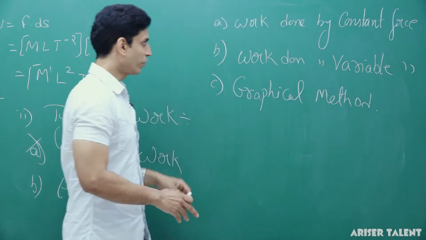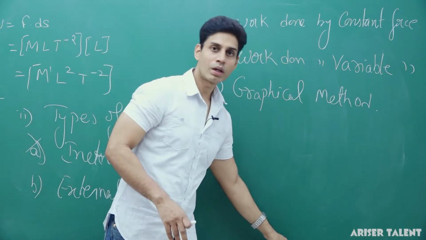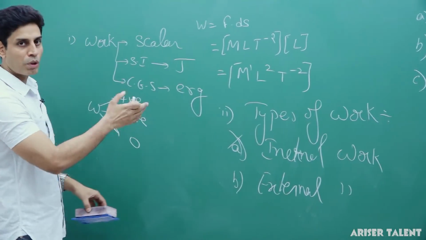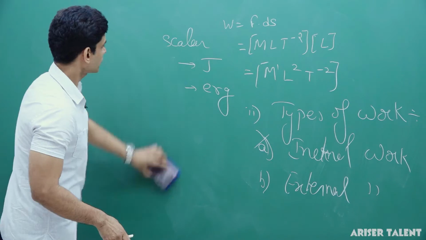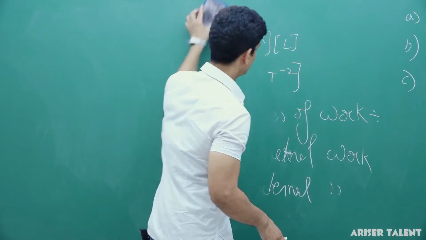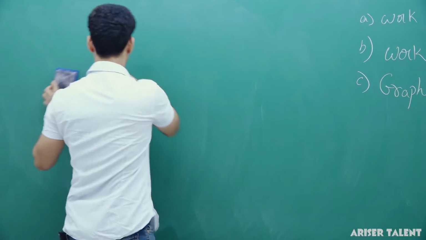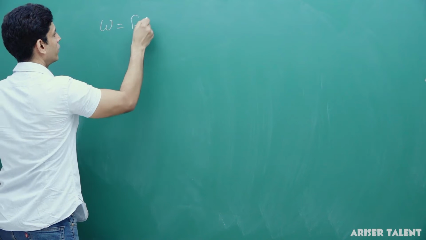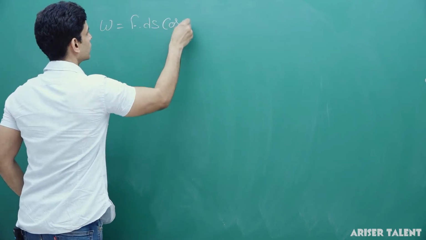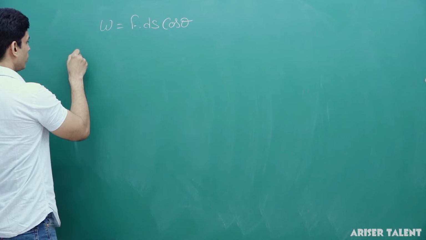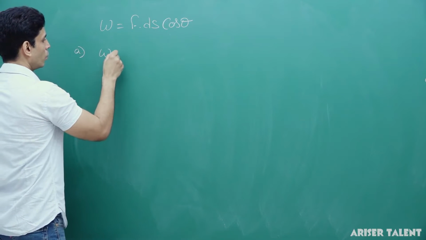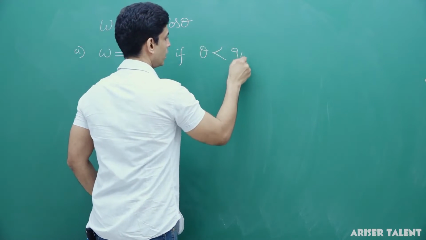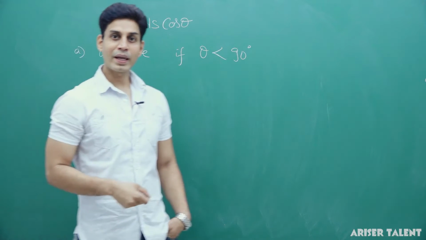Before starting with the work done by constant force, I still want to discuss more about this F dot ds. As I told you, work can be positive, negative or 0. Work is F ds cos theta. Work is positive if theta is less than 90 degrees, that is, the angle is acute.